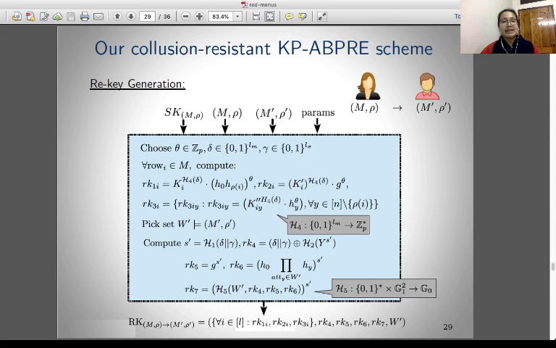And also, if you see the component rekey 1i, the secret key of the delegator, that is Ki, can be decrypted only using the value of theta. However, the value of theta is chosen solely by the delegator, and therefore it is infeasible for any other user to recover the value of theta and retrieve the secret key value of the delegator. And this is how the re-encryption key is generated.